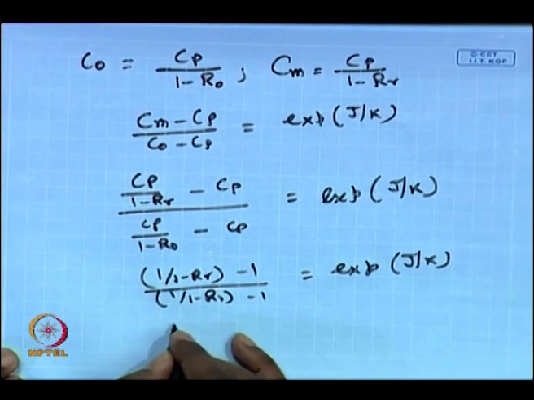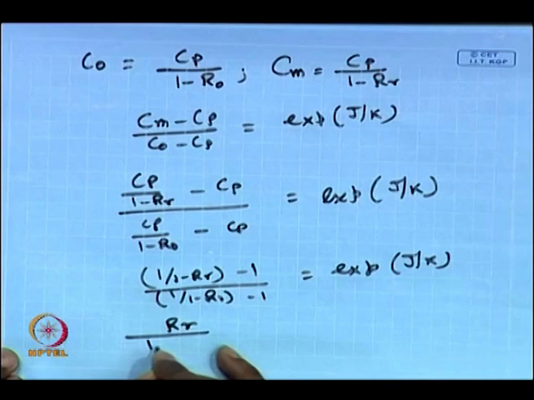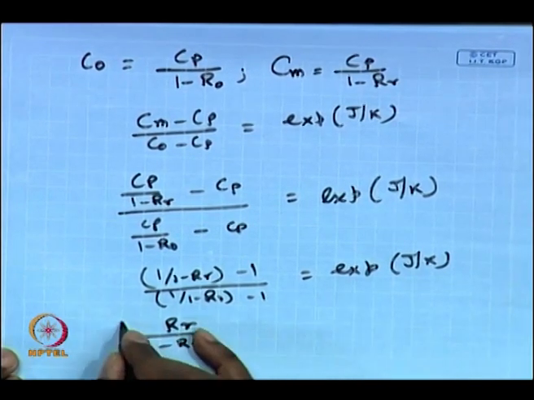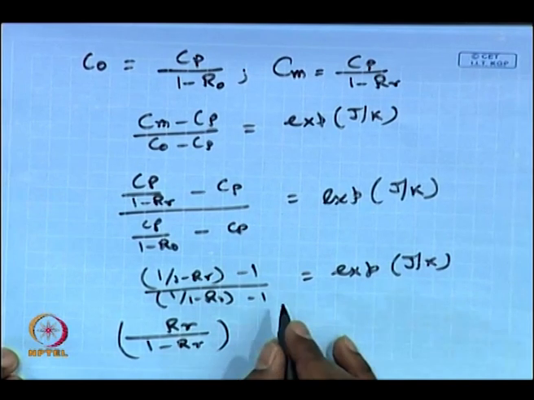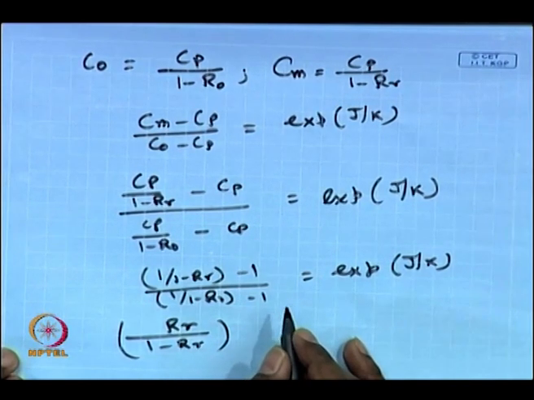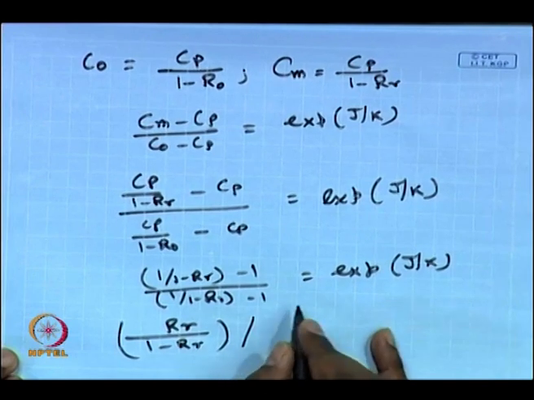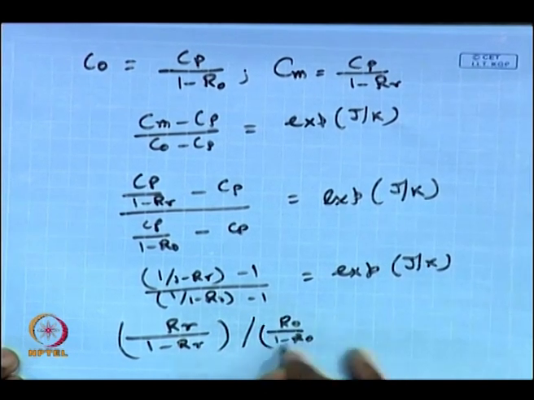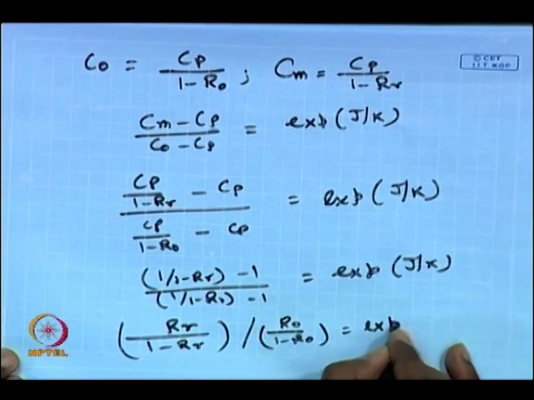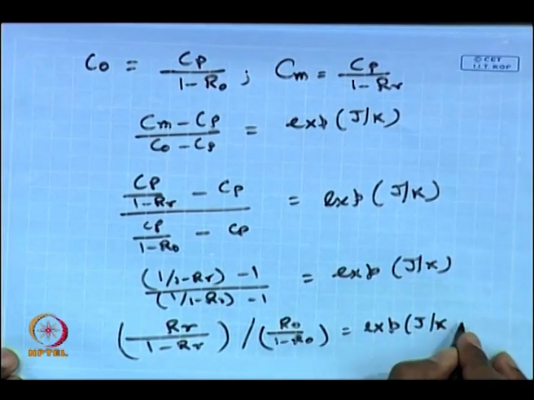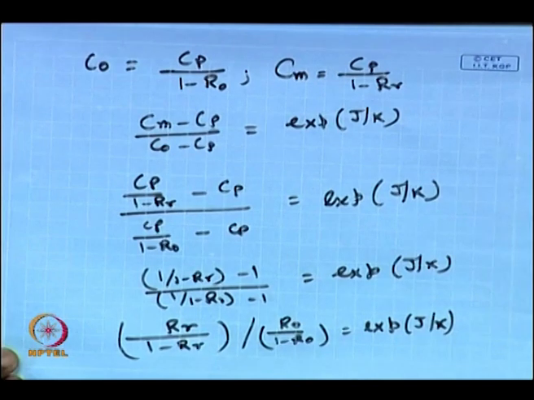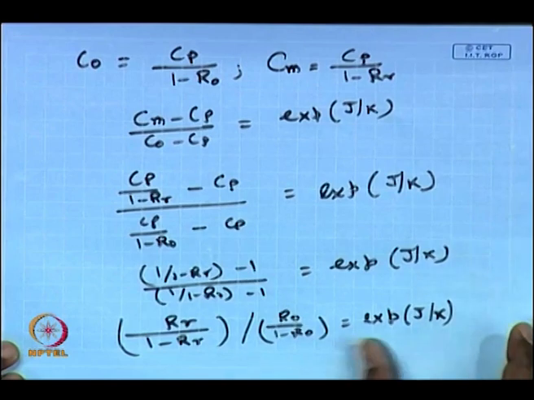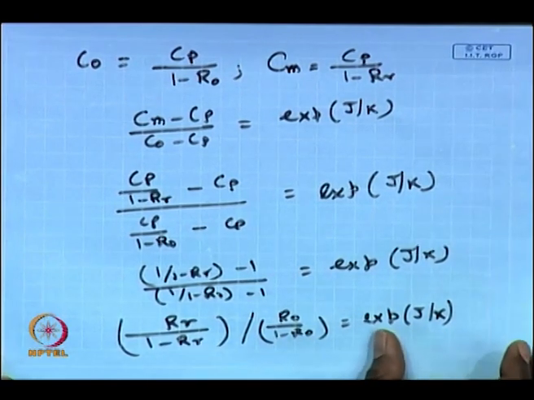You will get Rr divided by 1 minus Rr in the numerator, and in the denominator simply Ro divided by 1 minus Ro, equal to exponential j by k. Now, if you take logarithm on both sides, the exponential will go off.